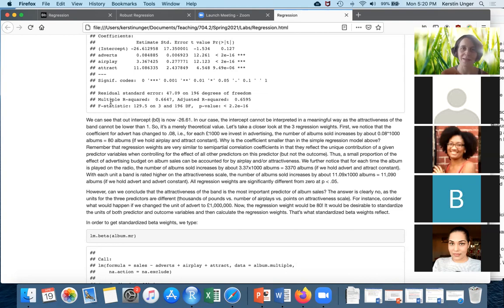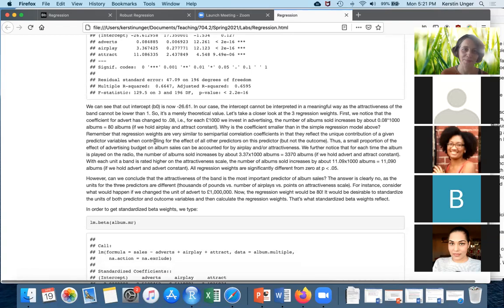That's obviously the implicit test in the F statistic, right? We will talk about it in a second when we compare this model to the simple regression model. This F statistic, if we don't specify anything else, if we just run regular regression, always tests against the null model, or the intercept-only model. All right.